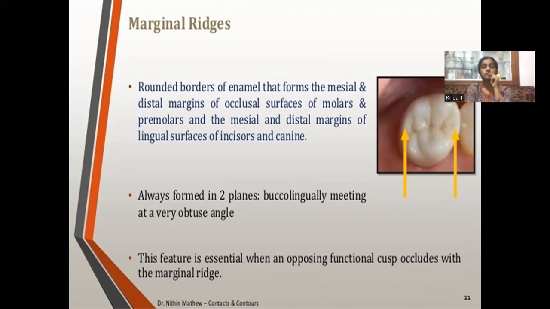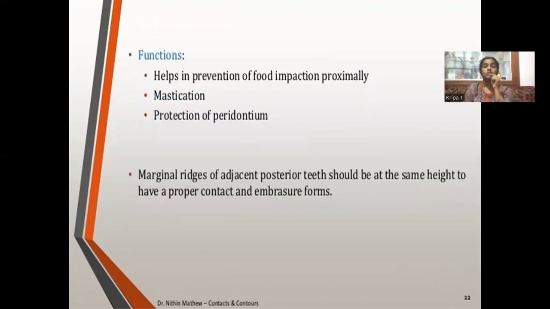This feature is essential when an opposing functional cusp occludes with the marginal ridge. The function of a marginal ridge is preventing food impaction proximally, enhancing mastication, and protecting the periodontium. Marginal ridges of adjacent posterior teeth should be at the same height to create proper contact and embrasure form.